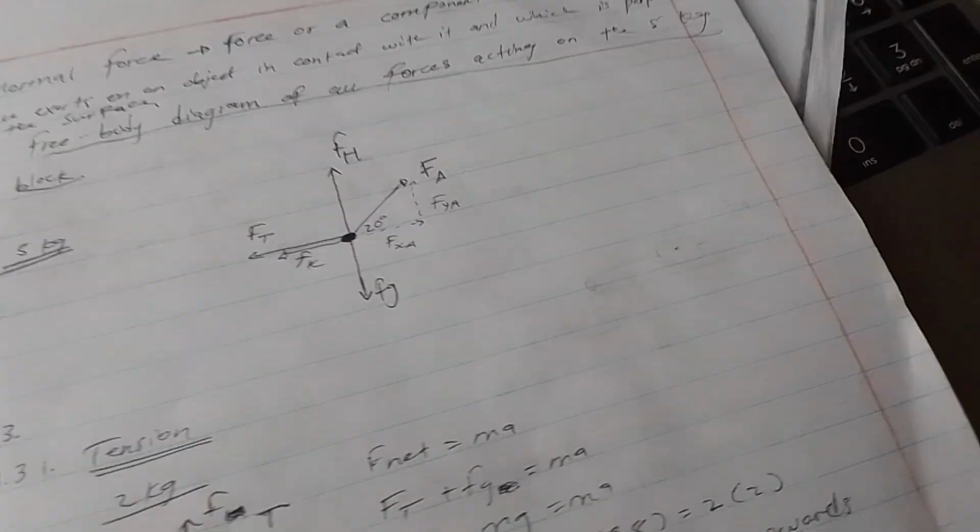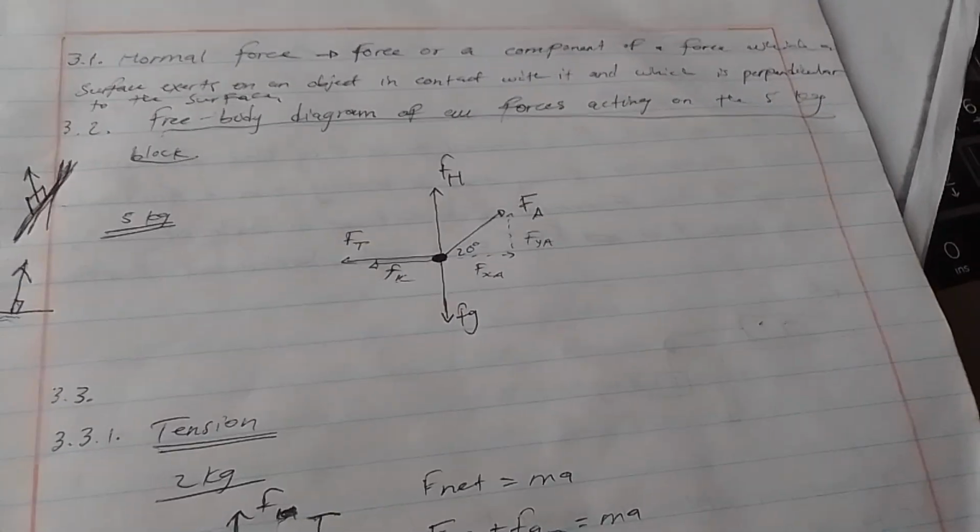To the surface. Perpendicular to the surface. So if it is on a horizontal, our normal force will be perpendicular to our surface. So okay, we are here now.